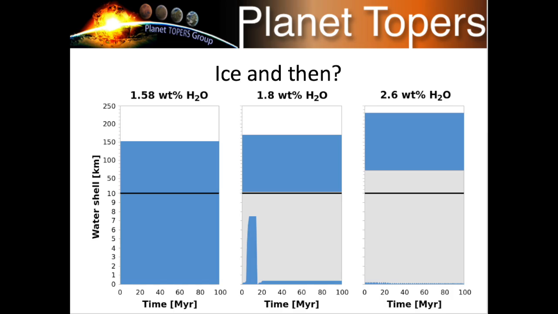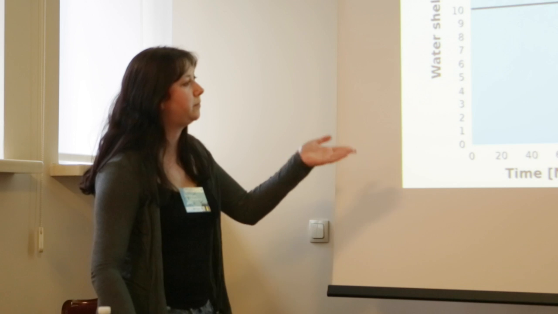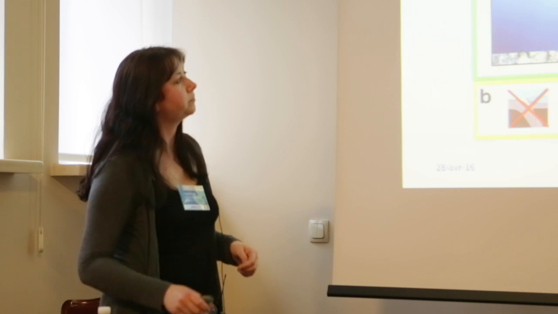So you never have a stable configuration with liquid water at the bottom of the ice layer for long time scales. Still, it's questionable whether this is possibly still habitable, because life can in principle survive in ice phases as well, if it becomes liquid again later on.